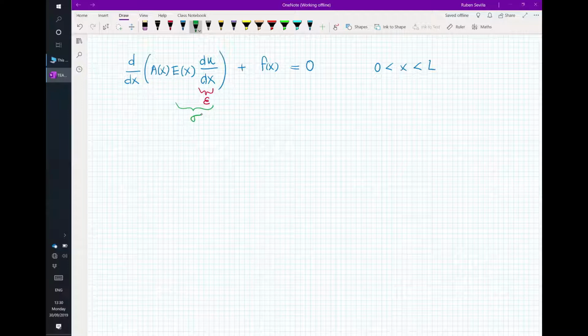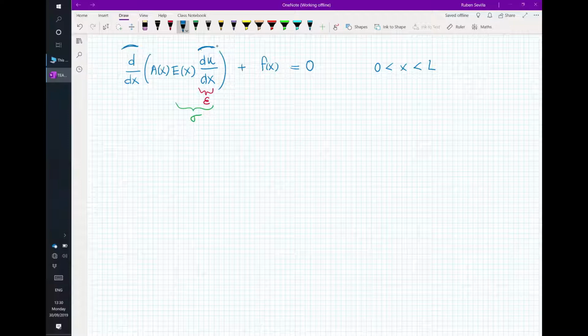Agree? Right. So what we have is a differential equation where we need extra information. If we have second order derivatives, which is what we have, because we have one derivative here and another derivative here, how many conditions do we need in order to be able to solve the problem? 2, okay? And these are boundary conditions.